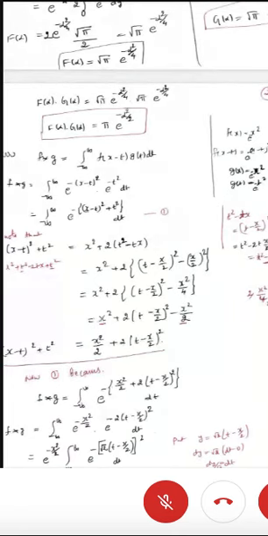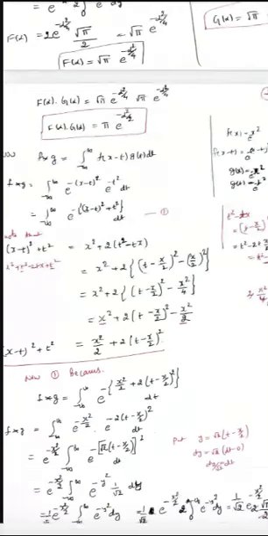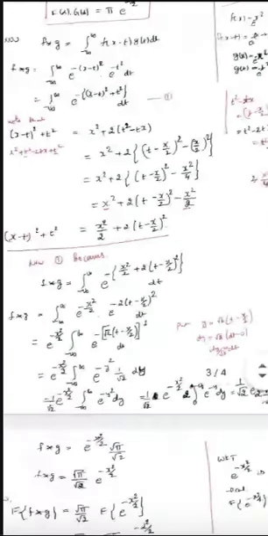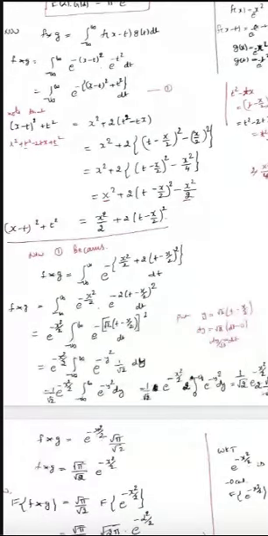So in the place of root 2 into t minus x by 2, I can write y, so that you will get y square. In the place of dt, I can write dy by root 2, so that root 2 comes to the denominator outside of the integration.